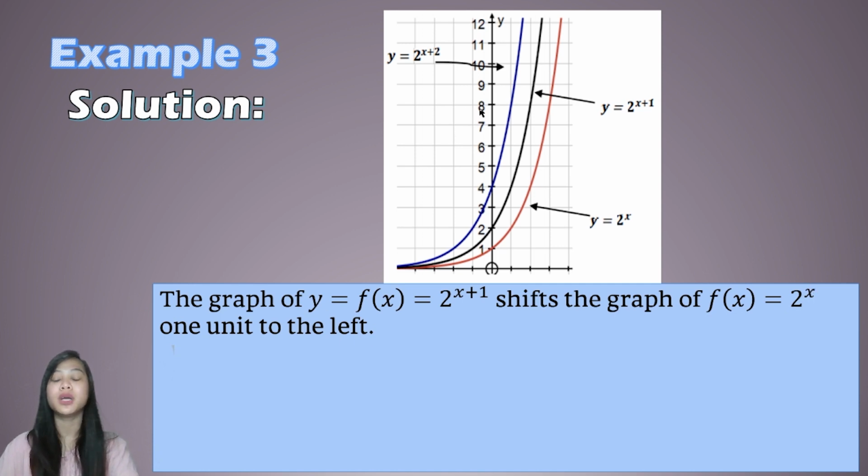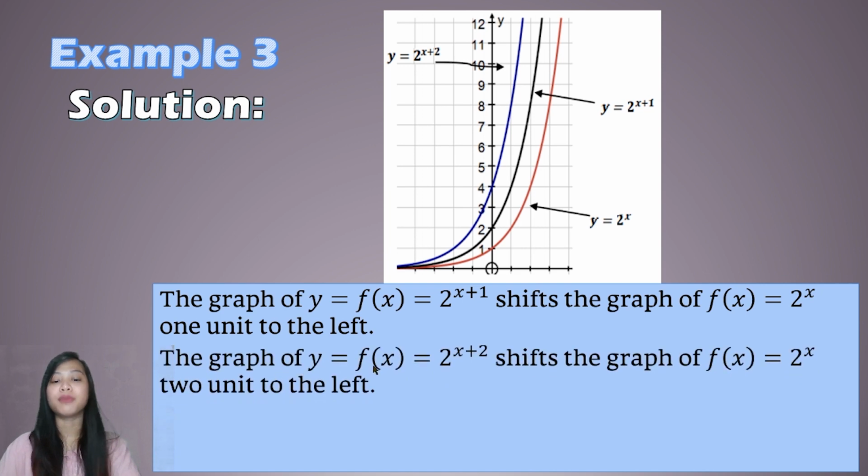When we observe these graphs keenly, when we shift y equals 2 raised to x by 1 unit from right to left, we will have this black curve, which is y equals 2 raised to x plus 1. So 1 unit to the left because we have plus 1.